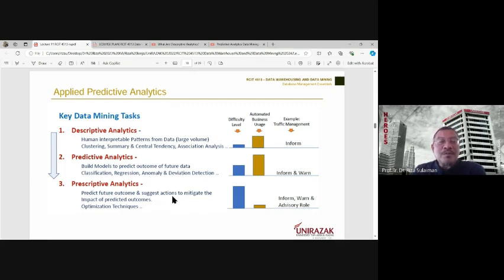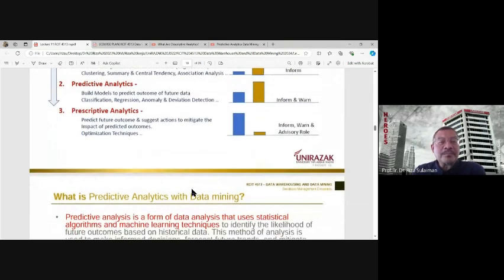So in the prescriptive analytics, of course, the level of difficulty is high, because we are looking at the future. We must have the correct data as possible. It's challenging about this, because we may not have 100% correct data that we can use to predict future. All right, so that's the prescriptive analytics.